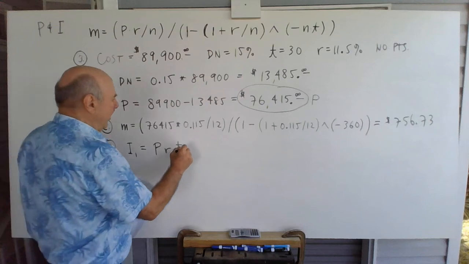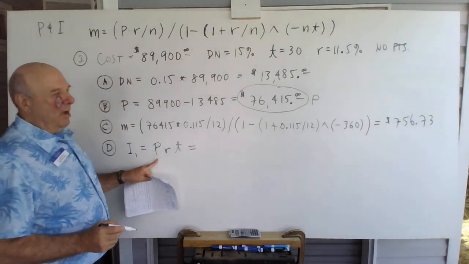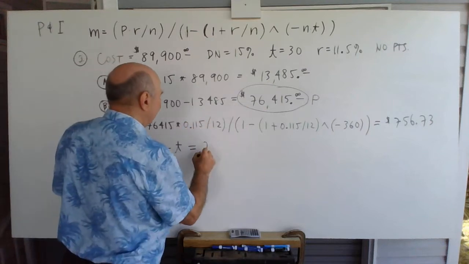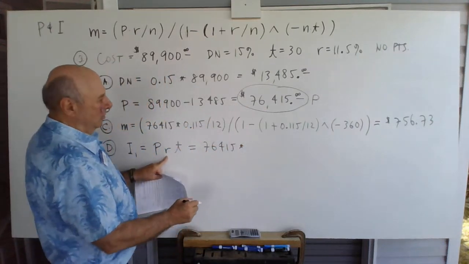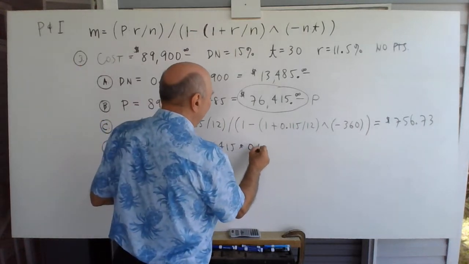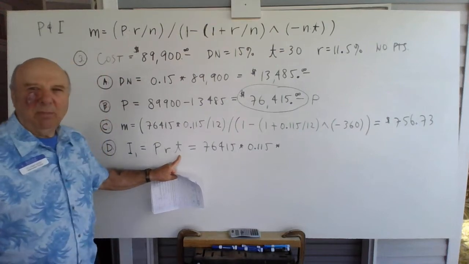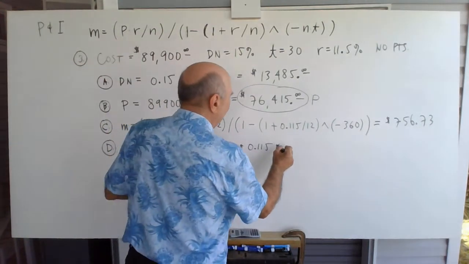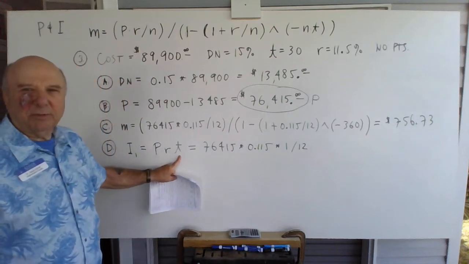So if you remember what we did before, at the end of the first month, you have the total principal that you started with. So that's 76415. The rate is the annual rate. That's 0.115. However, the time is 1 month, which is 1/12. Remember, T is in years for simple interest.